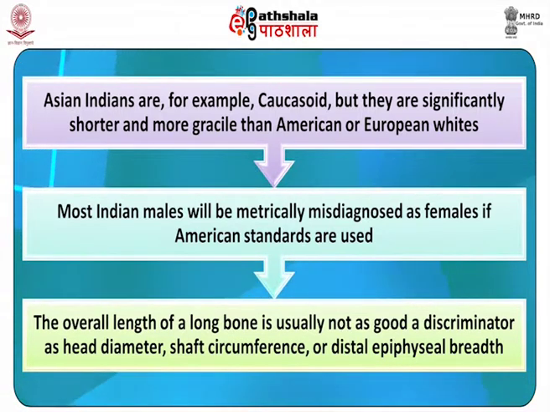Thus, most Indian males will be metrically misdiagnosed as females if the American standards are used or followed. Interestingly, the overall length of a long bone is usually not as good a discriminator as the head diameter, shaft circumference, or the distal epiphyseal breadth.